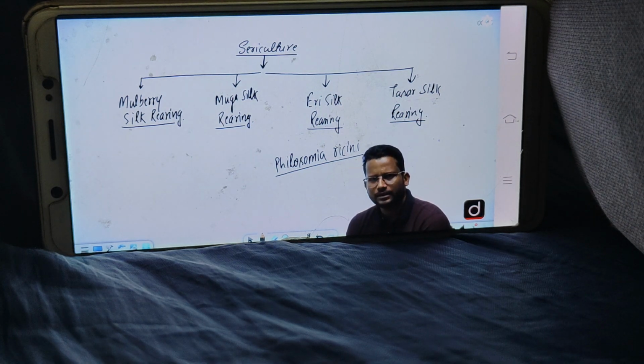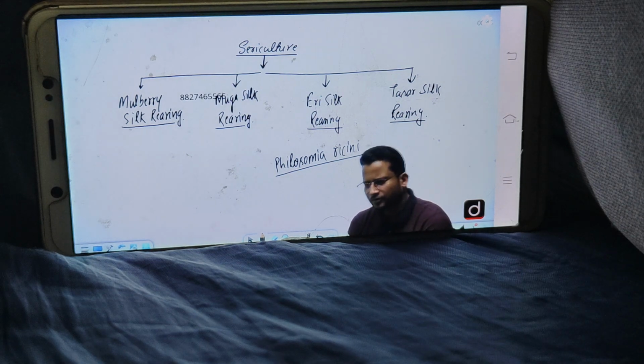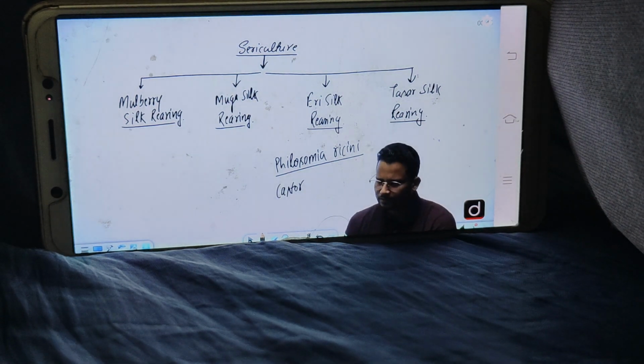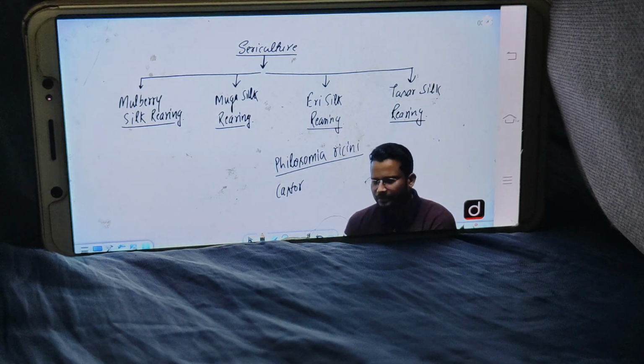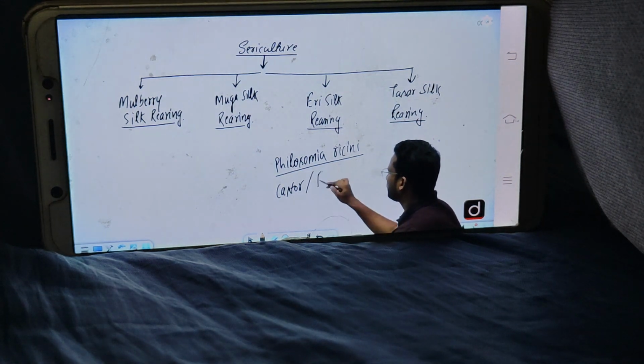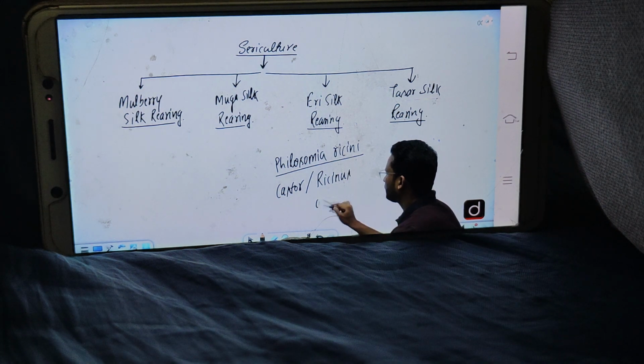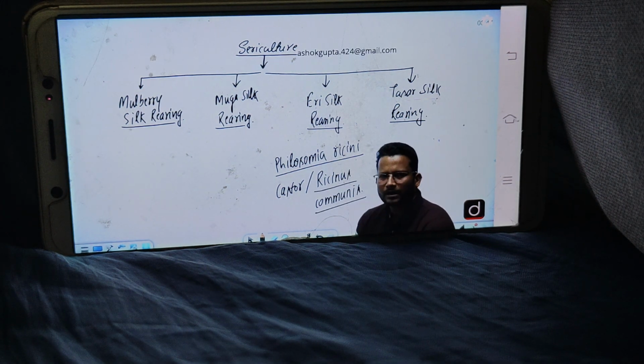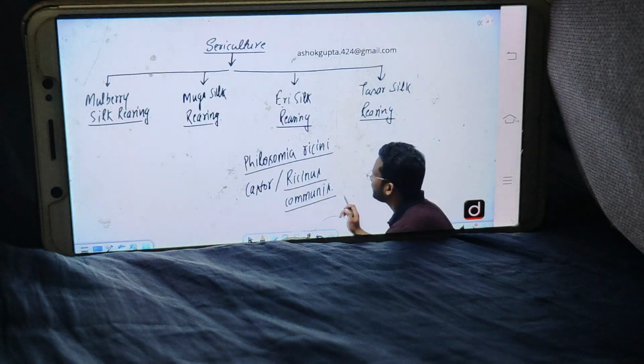The leaves we use in Eri silk rearing are the leaves of the castor plant, known as Ricinus communis. Clear?